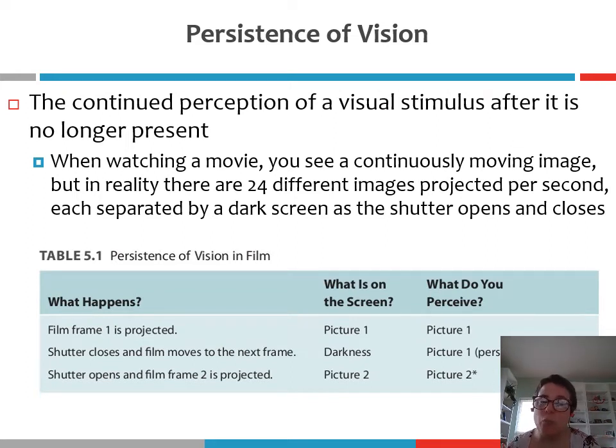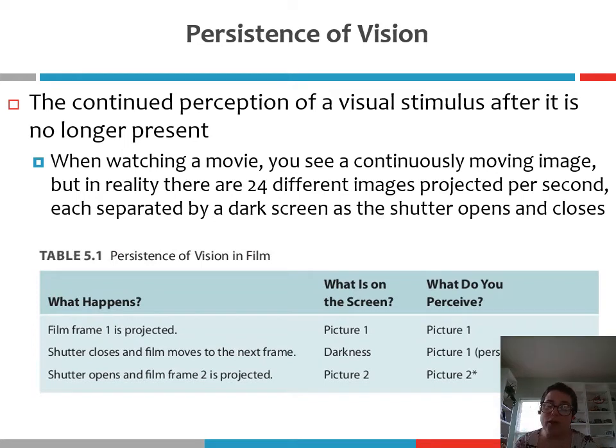So essentially what is happening in reality is you see the first image, right? The first picture is projected, and then the shutter closes and moves the film to show the next image. So you see picture 1, an interval of darkness as the shutter closes, and picture 2.